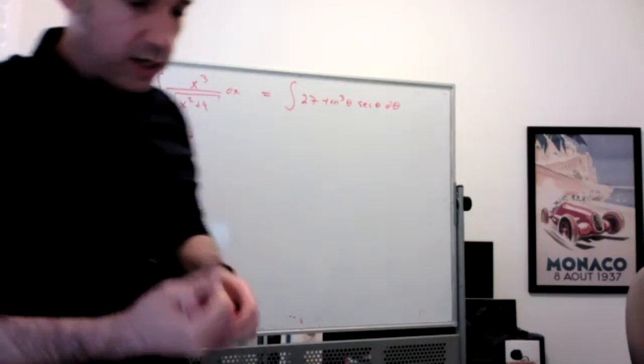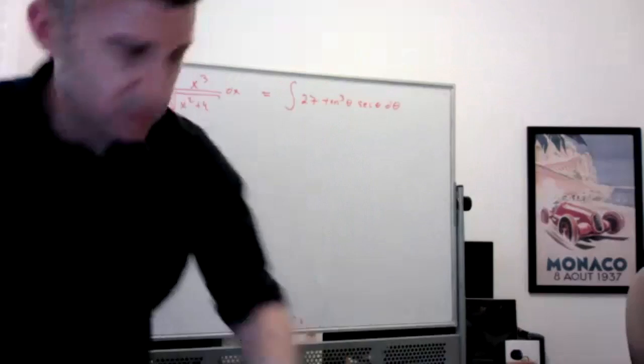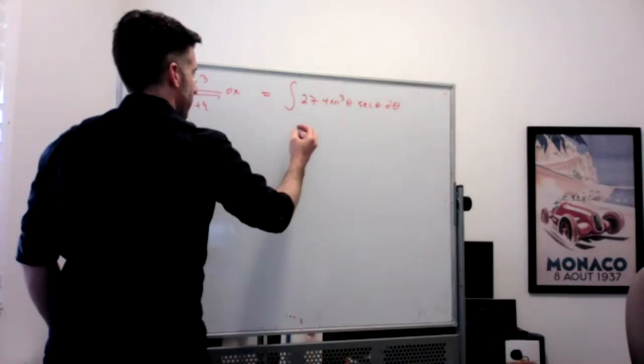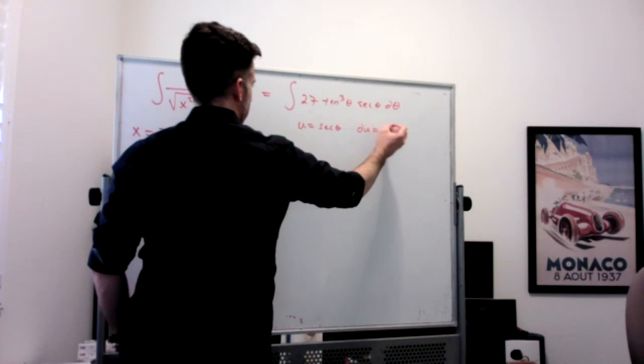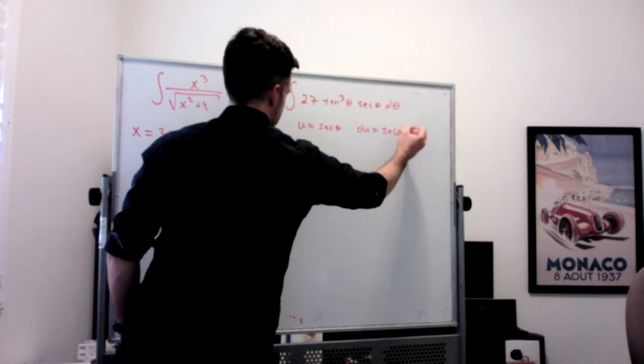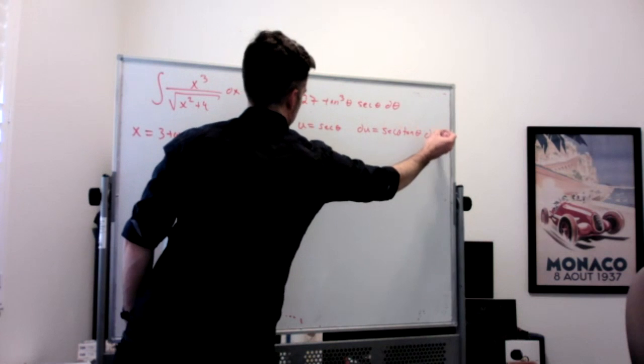Now we're going to make the choice that u is going to be secant theta. And du is going to be secant theta tangent theta d theta.